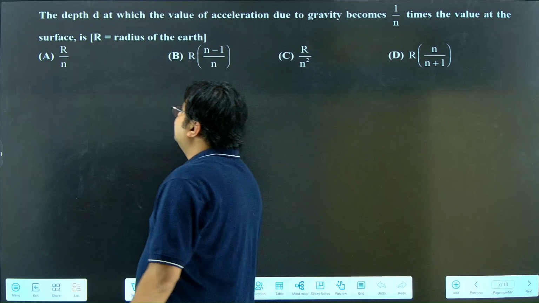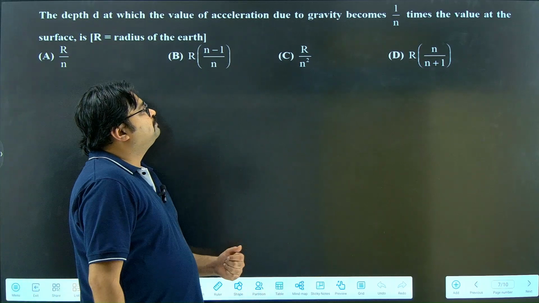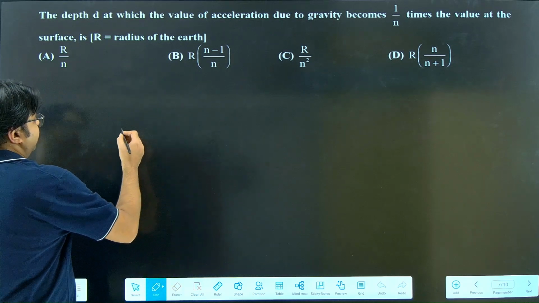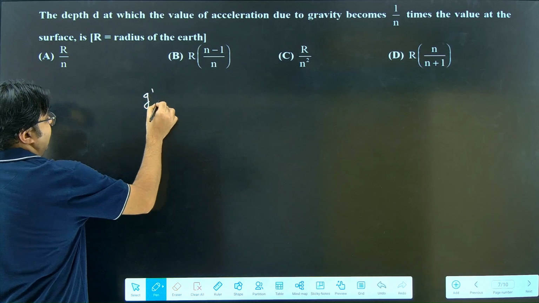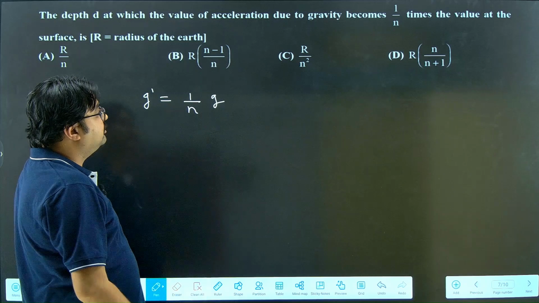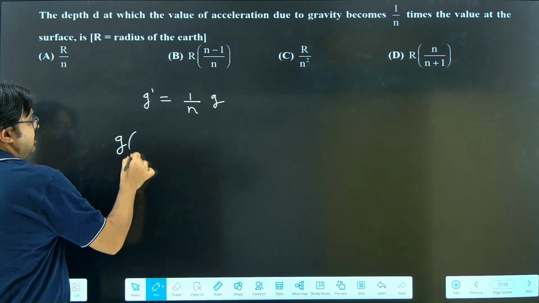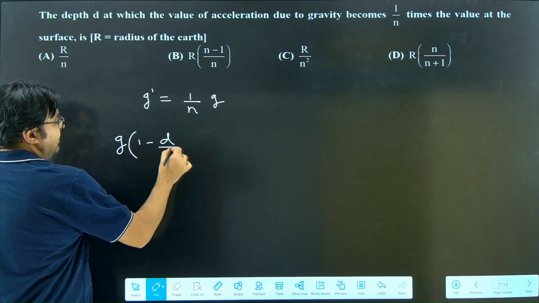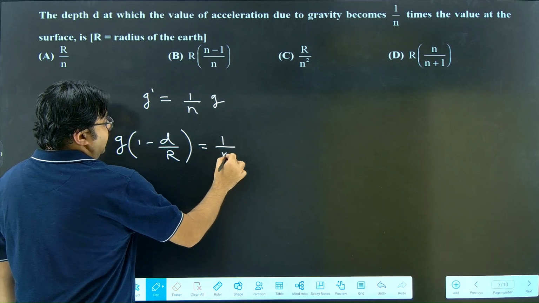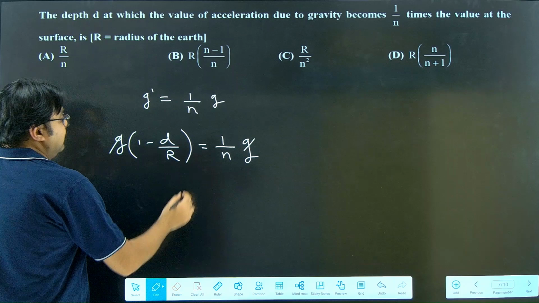Let's go further. We have a question now. The depth d at which the value of acceleration due to gravity becomes 1 by n times the value at the surface. So we want the acceleration due to gravity g dash to become 1 by n times the acceleration due to gravity at the surface. Now, how do you go about this? We know that g dash is g multiplied by 1 minus d divided by R, my dear friends. And that's equal to 1 divided by n into g. The g and g get cancelled.